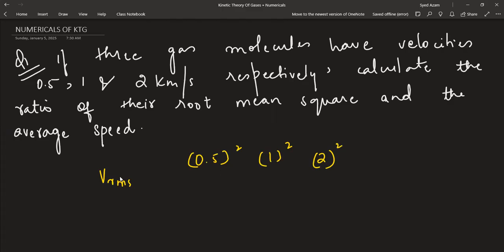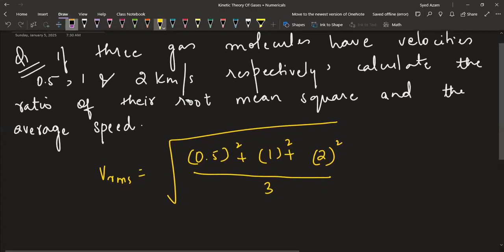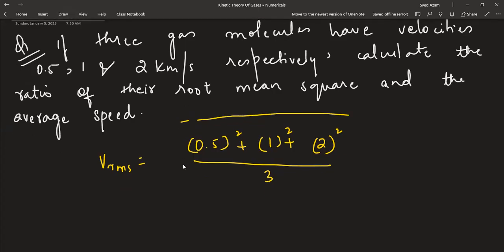Second step, you go to the mean. You take the mean of all. How many molecules are there? 3. So this is the mean. And at the last, we put a root. So this is it. How will we calculate this? 0.25 plus 1 plus 4 becomes 5.25. 5.25 by 3.